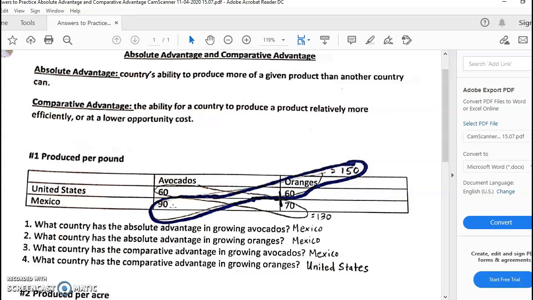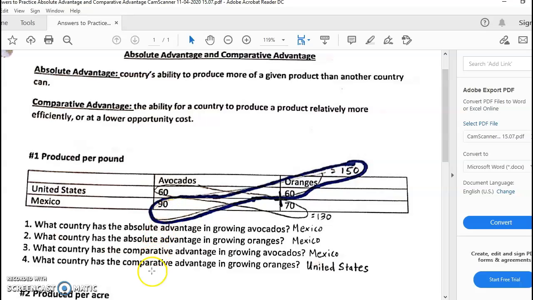Well, Mexico is. So Mexico has a comparative advantage in growing avocados. So basically what that's saying is Mexico is going to specialize in avocados. They are going to focus on growing avocados, and then they're going to trade those avocados with the United States.